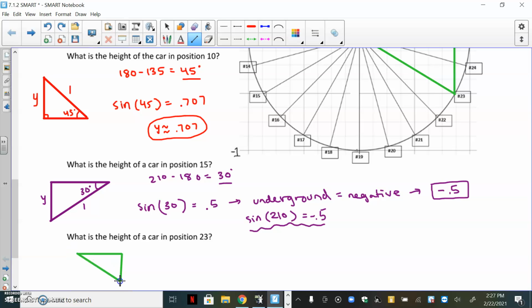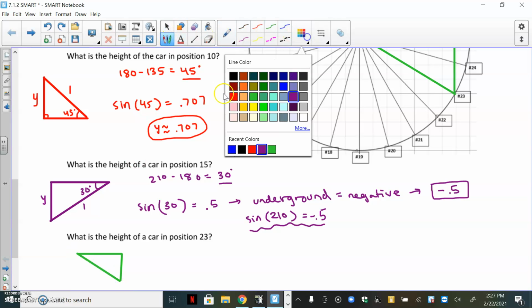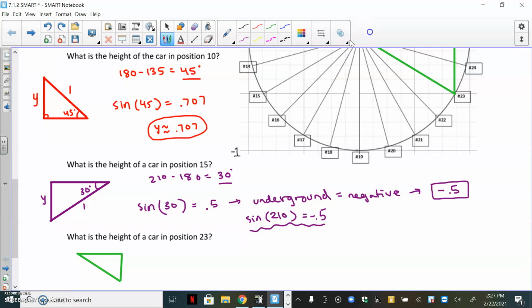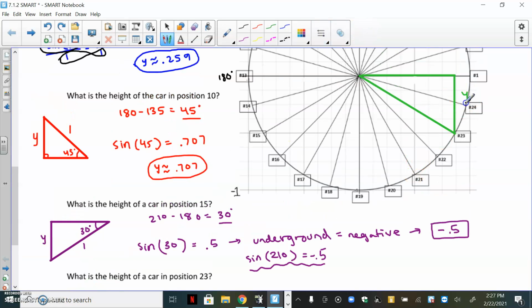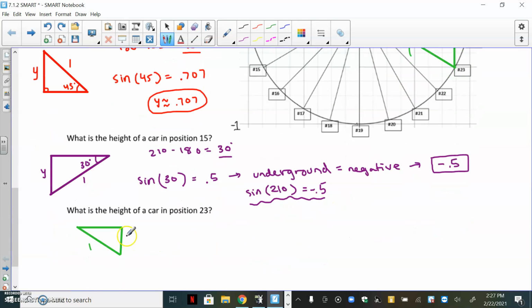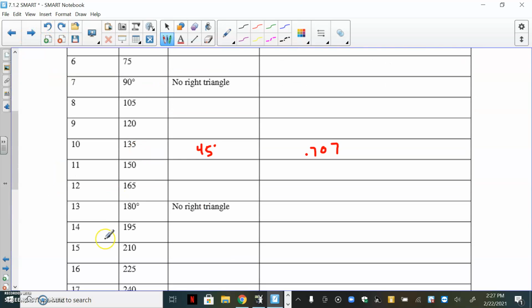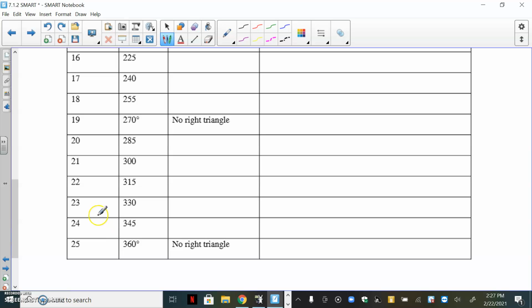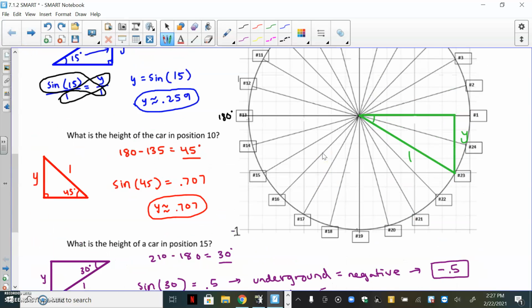All right. So now let's label what we know about this triangle. We know that the hypotenuse is 1. We know we're trying to find this height right over here. And what's the angle that we need to figure out? So we go to our table and look at position 23. Position 23 is 330 degrees. So that tells us that from here all the way to here is 330 degrees.